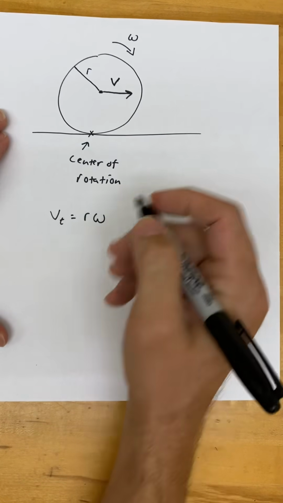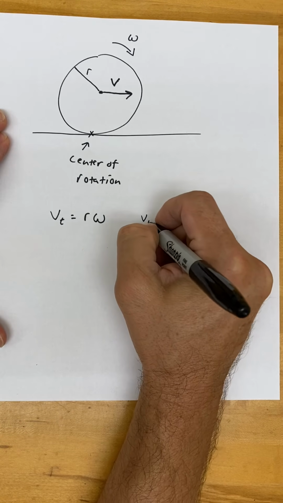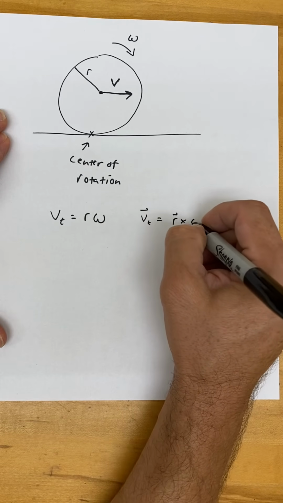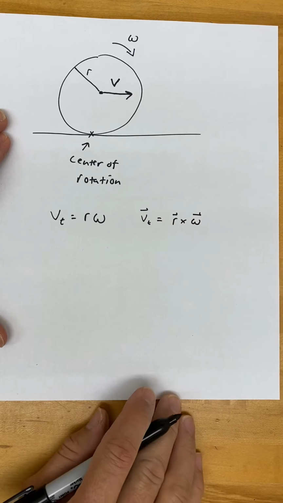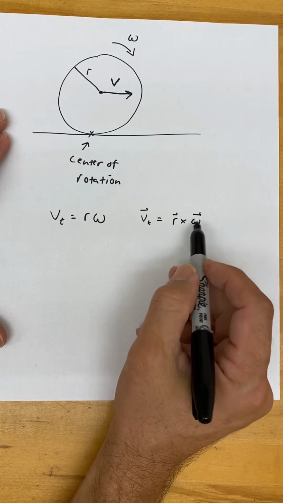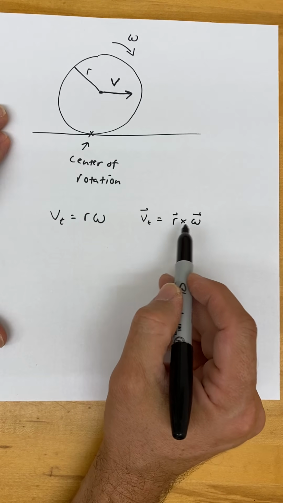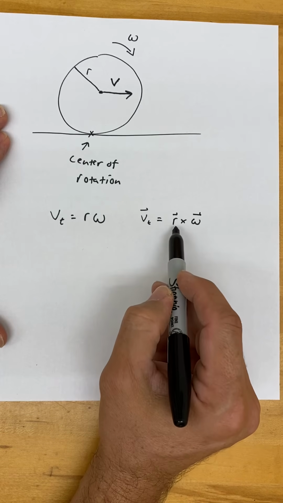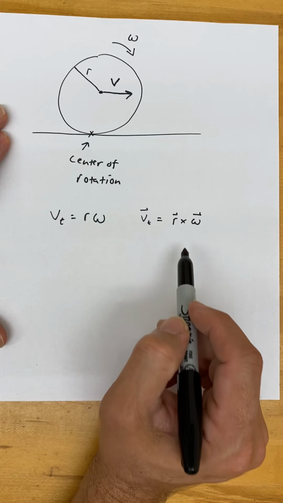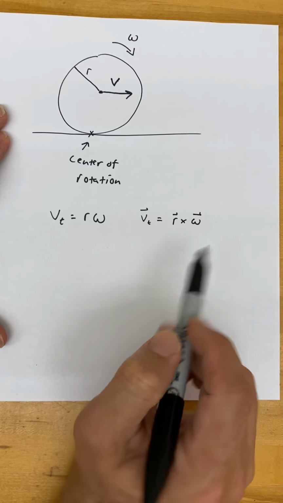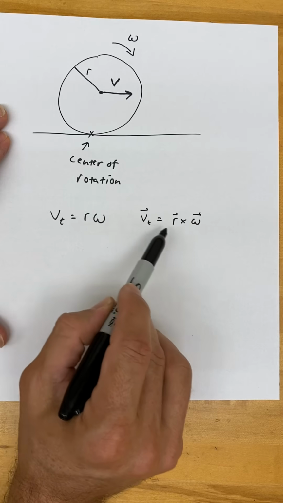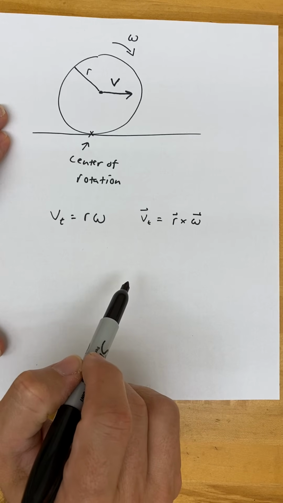That becomes more clear if I write this down in full calculus form, where I have the cross product between the vector r and the angular velocity omega, where r is a vector that points from my point of reference, wherever I'm examining this thing, to the point at which I want to evaluate the tangential velocity.